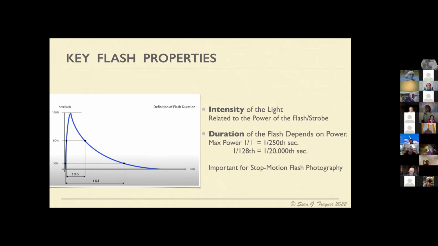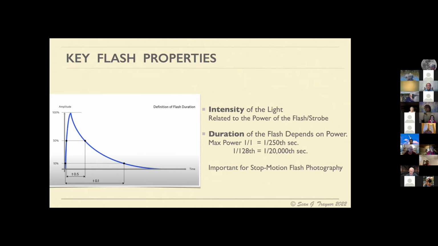You might be surprised that the duration of the flash also depends on the power of the flash or the strobe. So at maximum power, which is often referred to as 1:1, the typical duration of a flash is about 1/250th of a second. I want you to remember that number because it becomes important later.